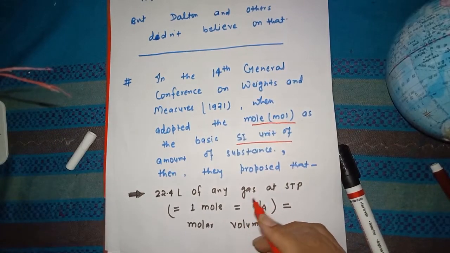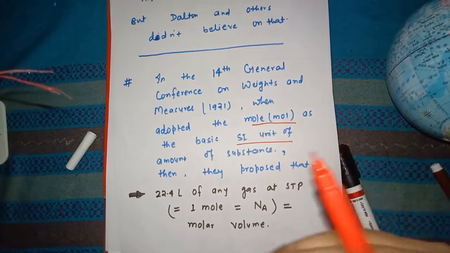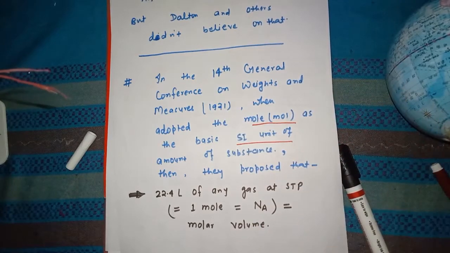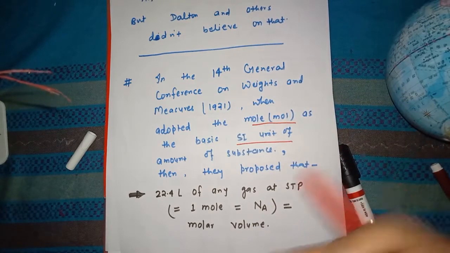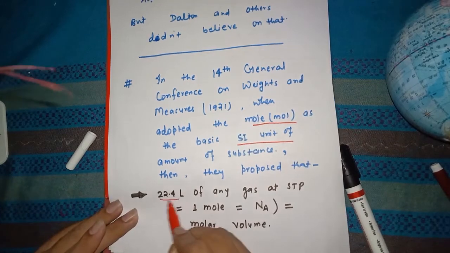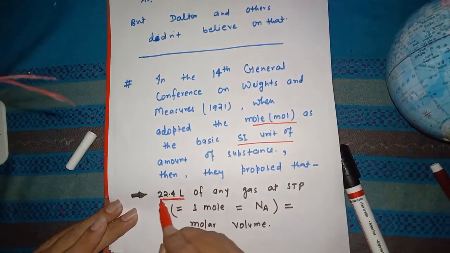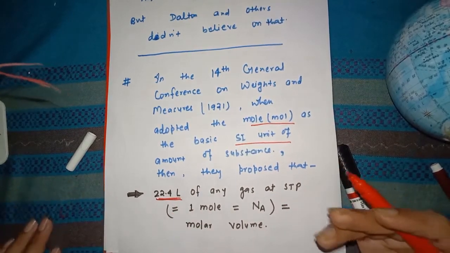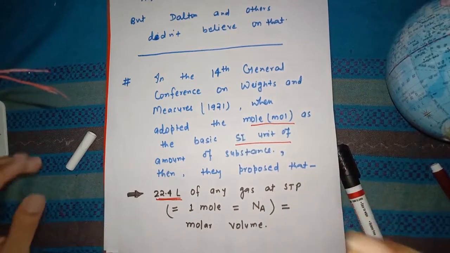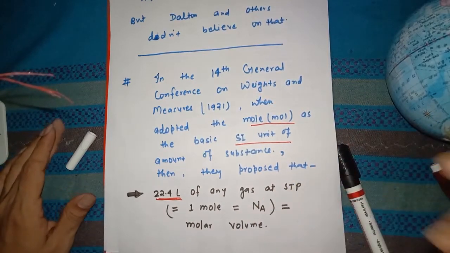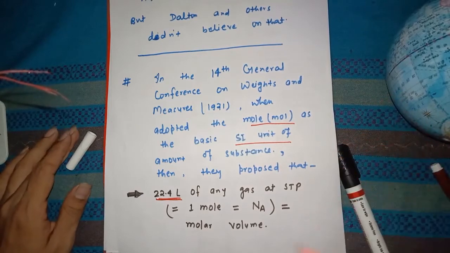Then they proposed how much volume you have to count for a standard: you take 22.4 liters of any gas at STP, and the number of molecules is our standard number of substance.